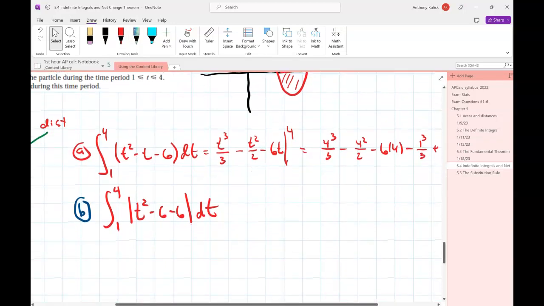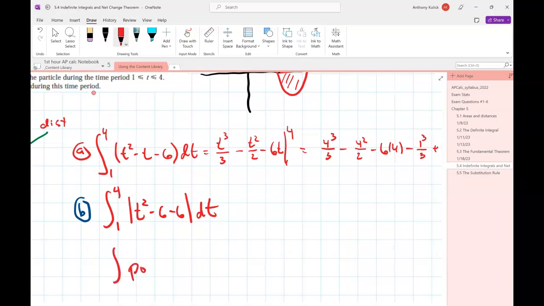Well, my goal here is I'm going to break this integral up into the positive part, and then plus the negative part. And the negative part will just switch the sign. Everybody's okay with that?